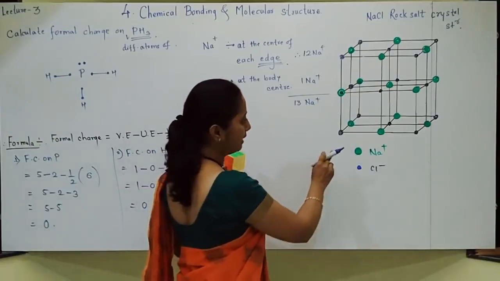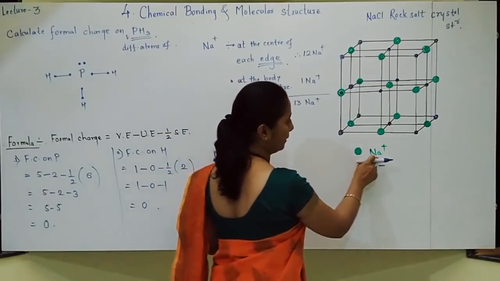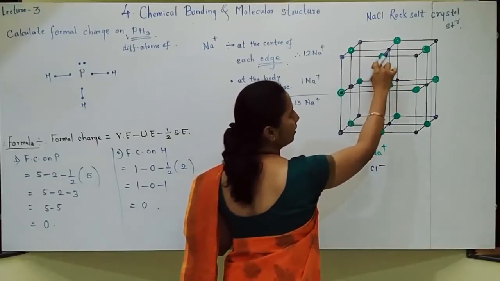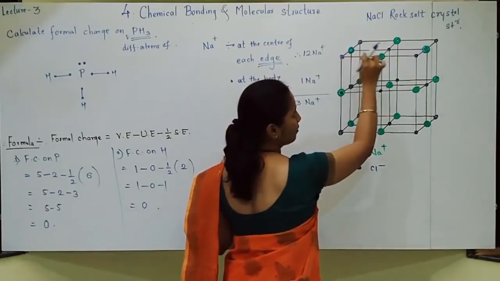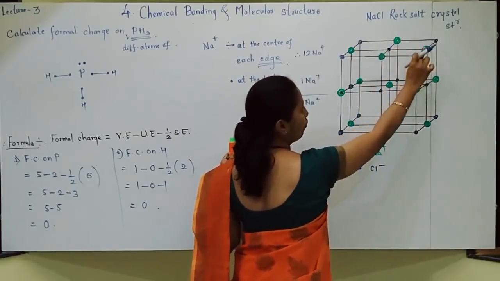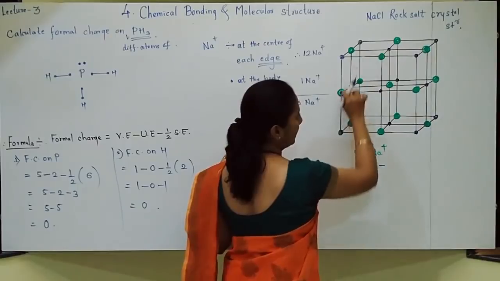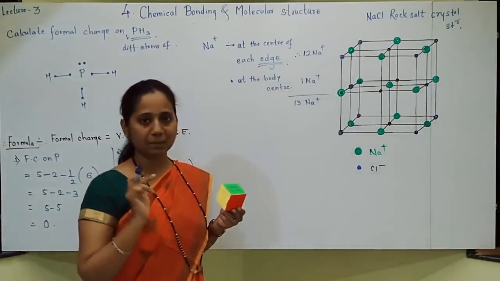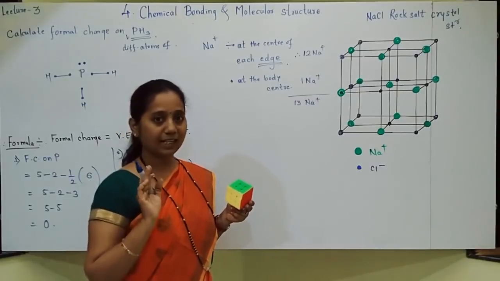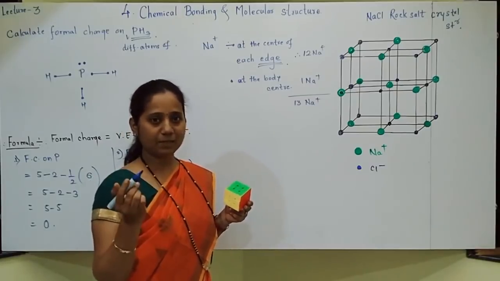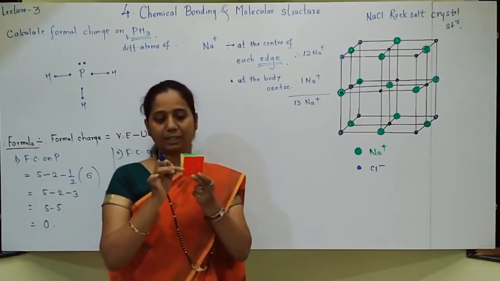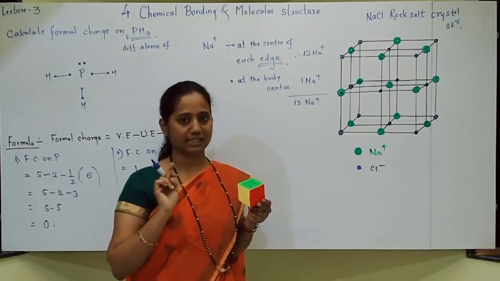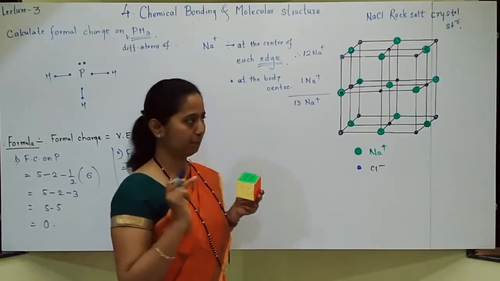You can see very well that the green color indicates Na plus. One is at the body center, and at the edges, 4 edges upside, 4 edges downside, and 4 joining edges, one at the center of each edge. Understood? In the NaCl crystal, Na plus are present at the center of every edge, 12 edges, plus 1 at the body center. Total 13 Na plus.